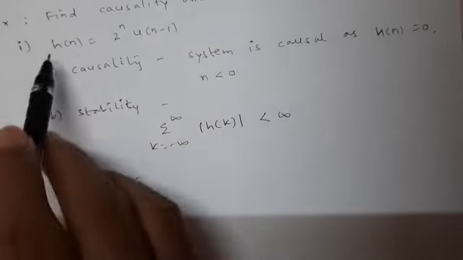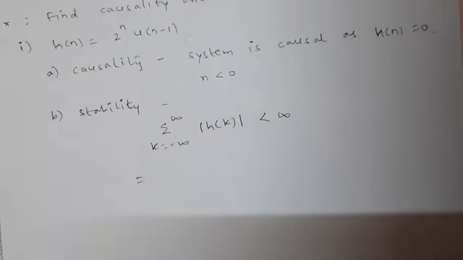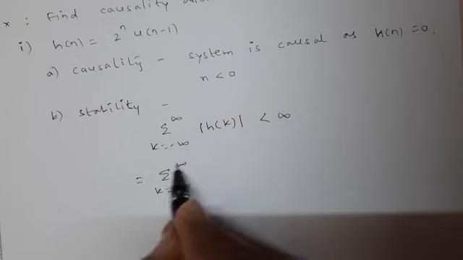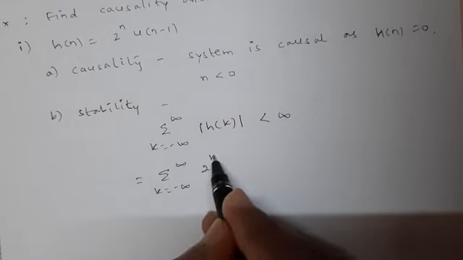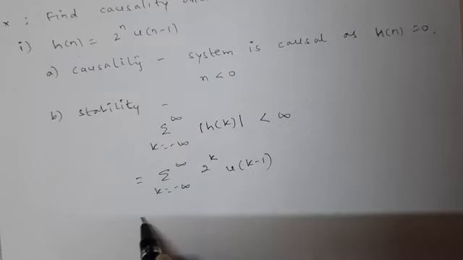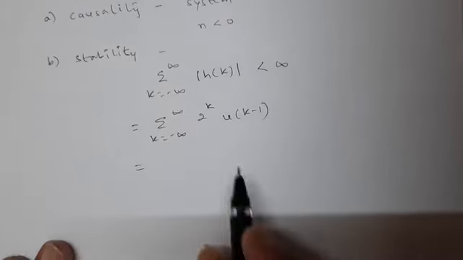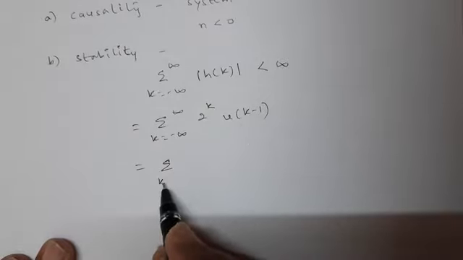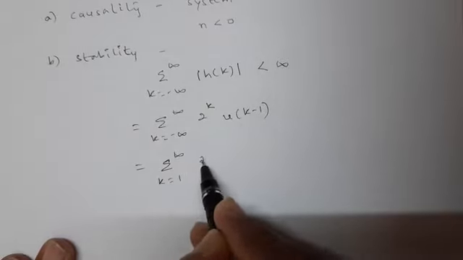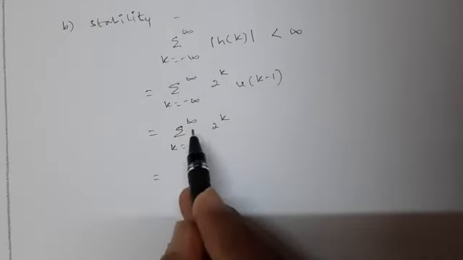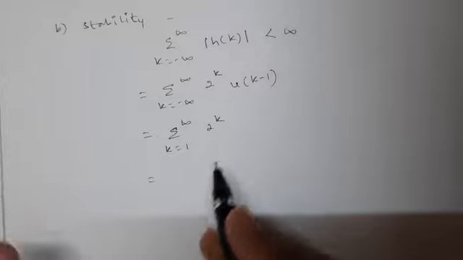Check whether this is less than infinity or not. Now you can express this in terms of h of k: summation k equal to minus infinity to plus infinity of 2 to the power k u of k minus 1. Since u of k minus 1 means it exists from 1 to plus infinity, this is summation k equal to 1 to infinity of 2 to the power k.